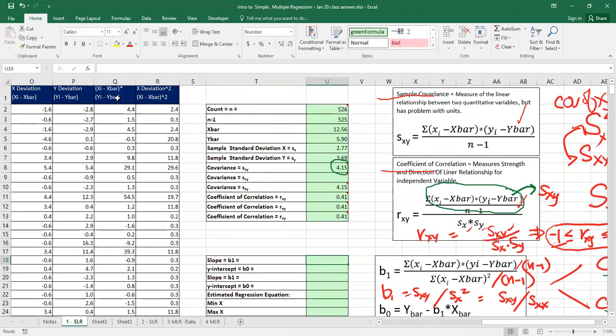So we go here. X minus x bar is here. Then it's divided by the sum of your x minus x bar squared. Divided by this one.